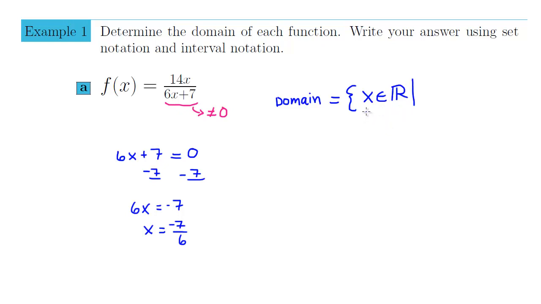So we're looking for all the x values that are real numbers. And what about those x values? Well, they can be anything except one single value. X cannot be negative 7/6. Otherwise, x can be any real number. This would be the set notation for the domain of this rational function.